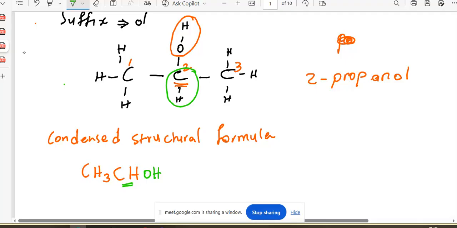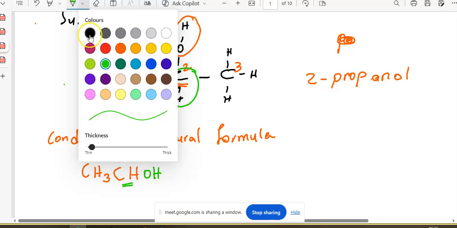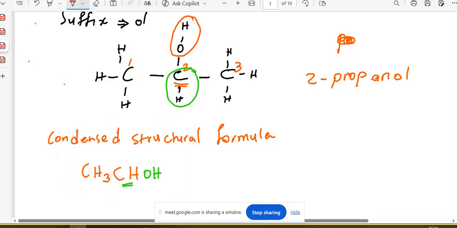Therefore, the last one is carbon number 3, and carbon number 3 has 3 hydrogens. Then you can write it down and say this will be CH3. And that's how you do the condensed structural formula.